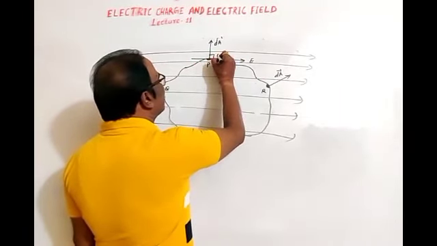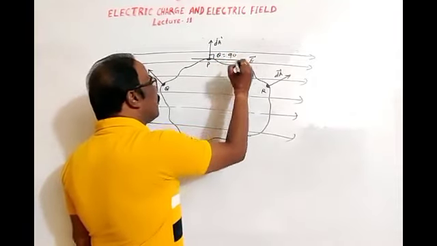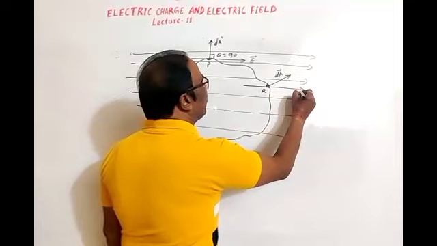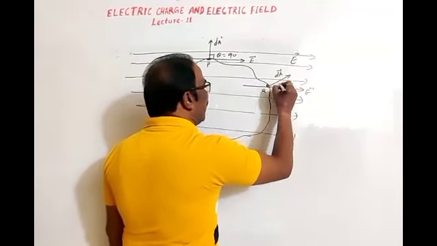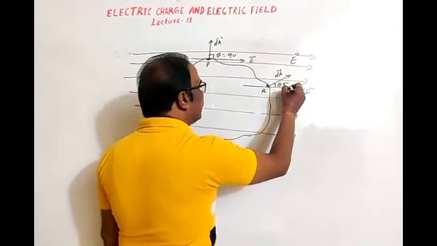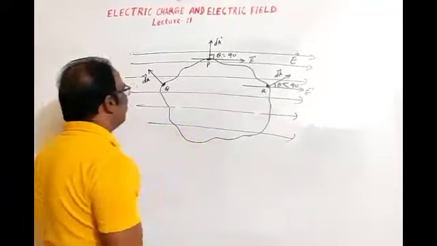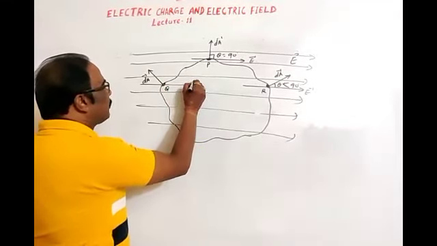And here theta, the angle between electric field and elemental area vector, is 90 degree, and this is the direction of electric field, and here the angle between electric field and elemental area vector is theta, but here theta is less than 90 degree. Okay, this is the direction of elemental area vector and this is the direction of electric field.